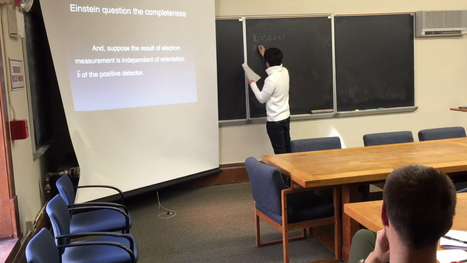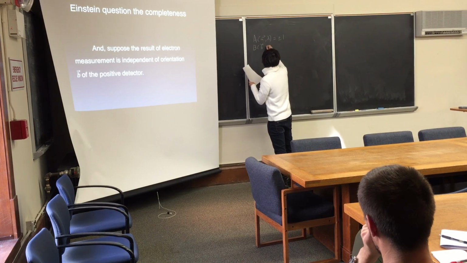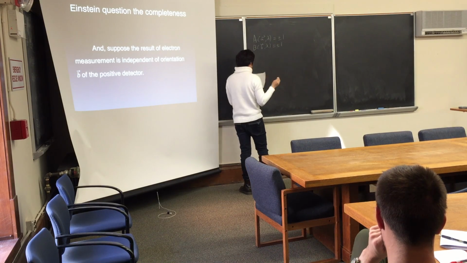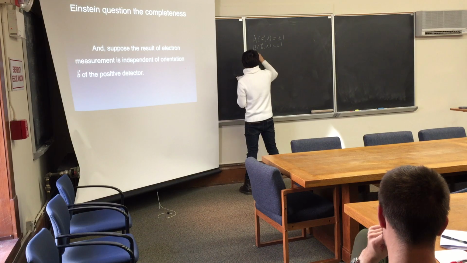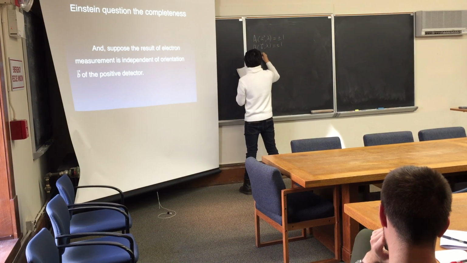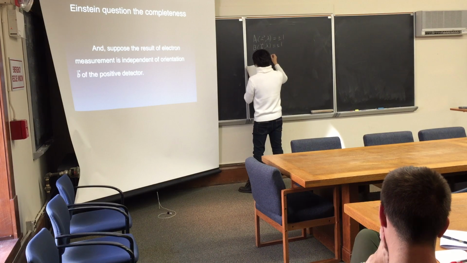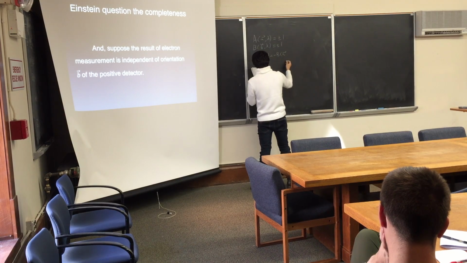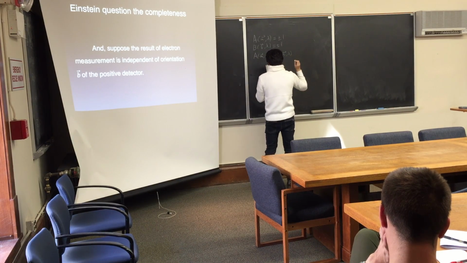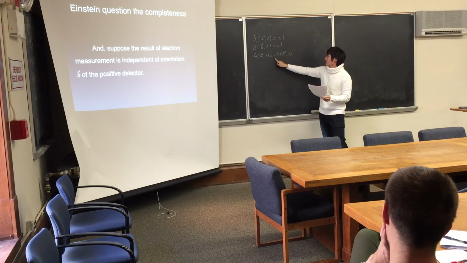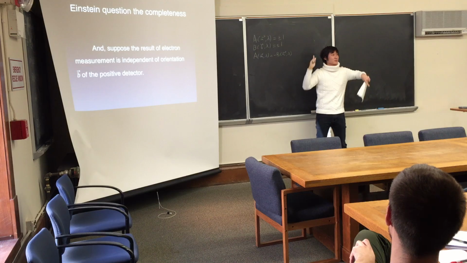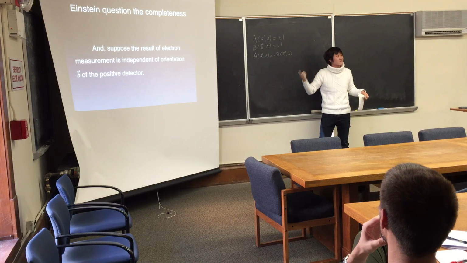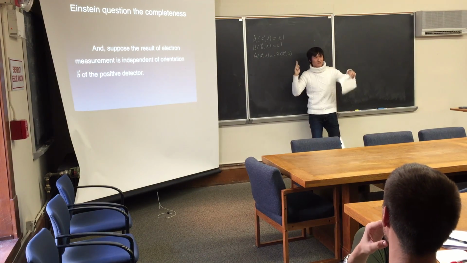And the same for the positron. And the point is, if the measurements are in the same direction, they should be anti-correlated, just spin up, spin down. The hidden variable can't make a difference there. It must be in a different spin direction.